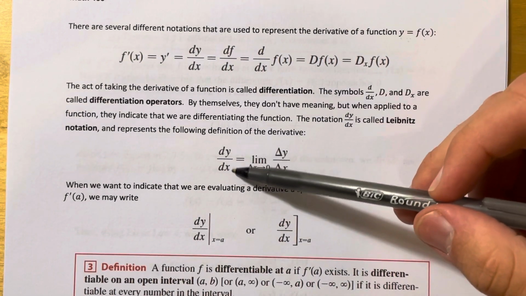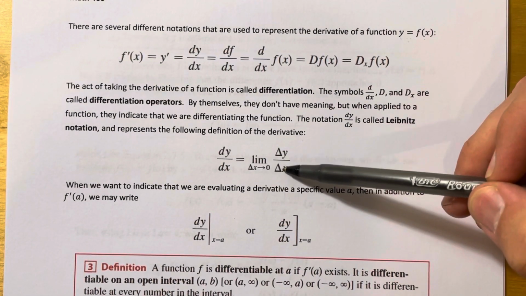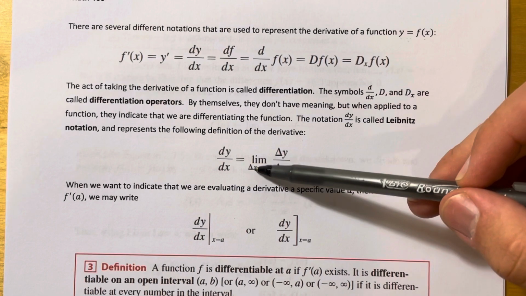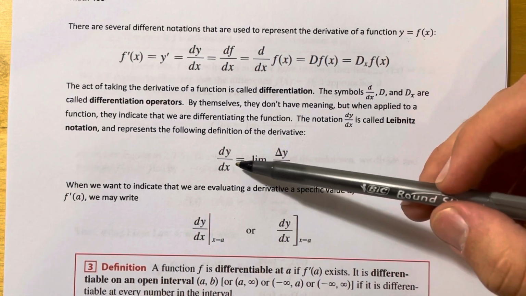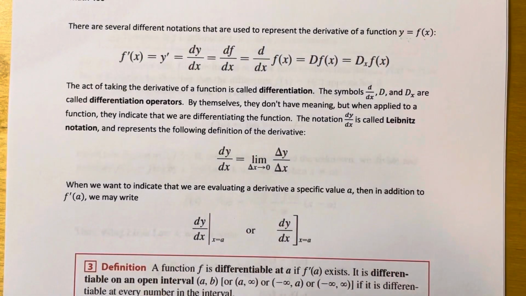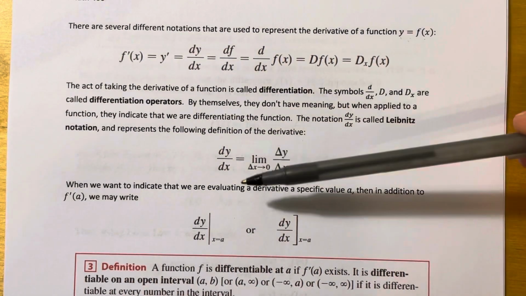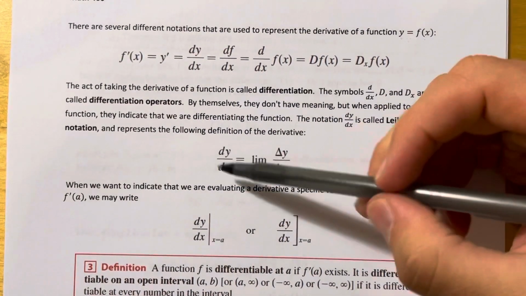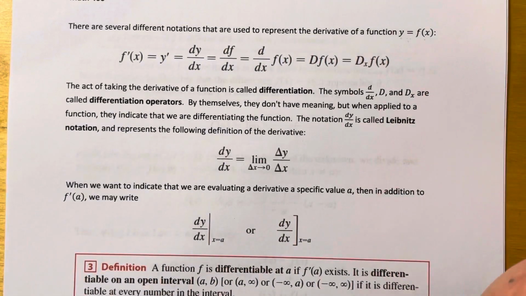So the dy dx is indicating what's happening to this delta y and this delta x as delta x goes towards 0. Now dy by itself and dx by itself are what we call differentials, and we talk about those much later, towards the end of chapter 3. So for now, we're not going to think of dy and dx as independent quantities. We just think of this entire thing as a single notation representing a derivative.